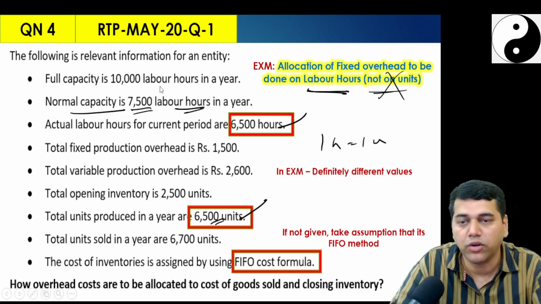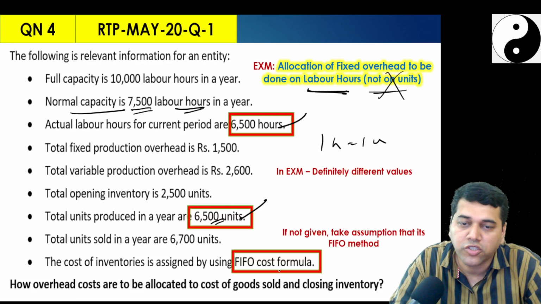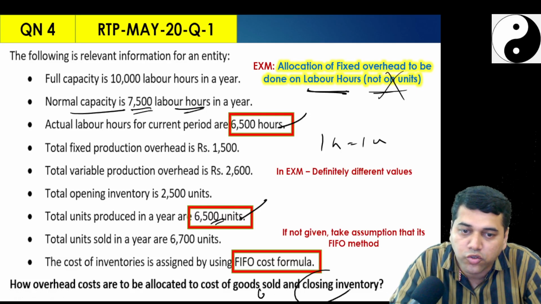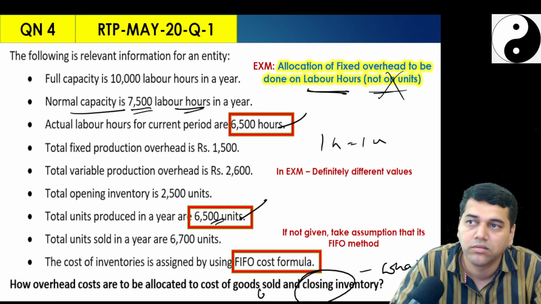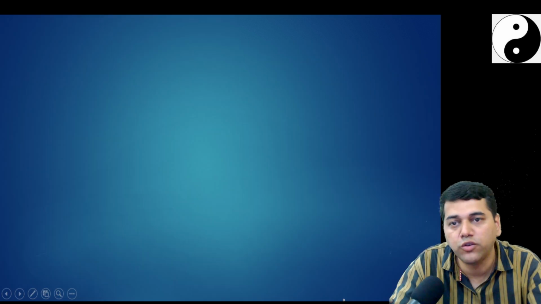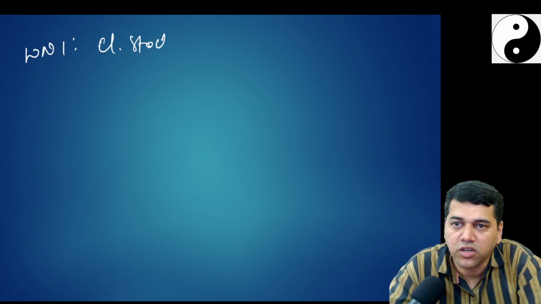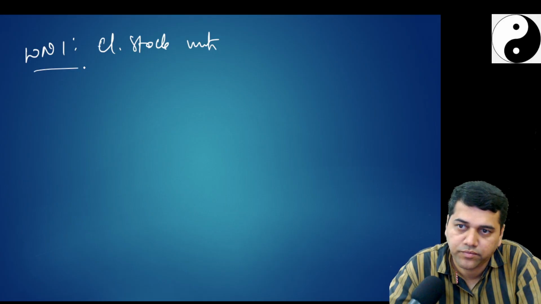See, it's understandable. First, to calculate, what did they ask me? The cost to be allocated to the COGS and closing stock. What is my closing stock? So first we will do one working note. Working note 1: closing stock units.